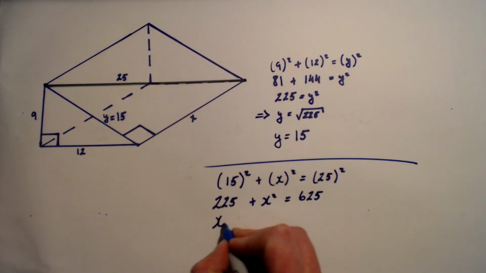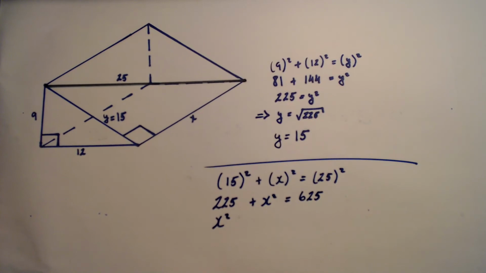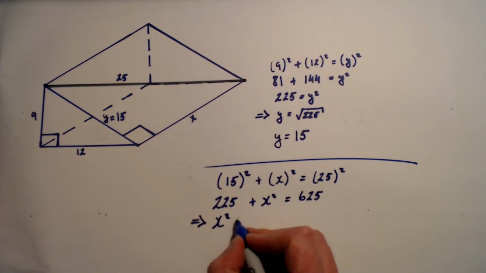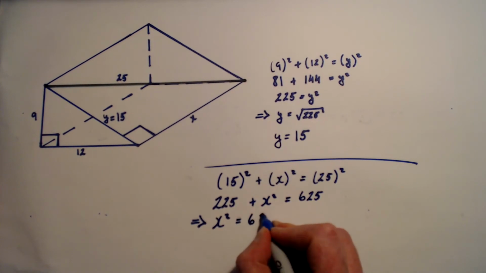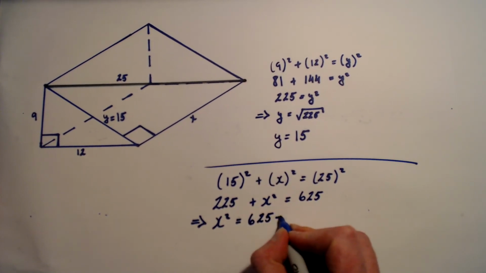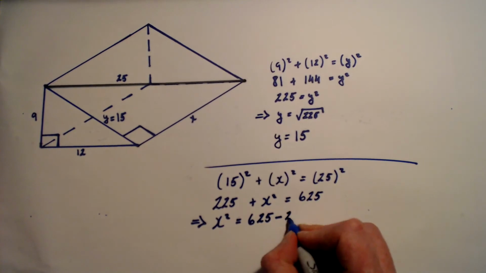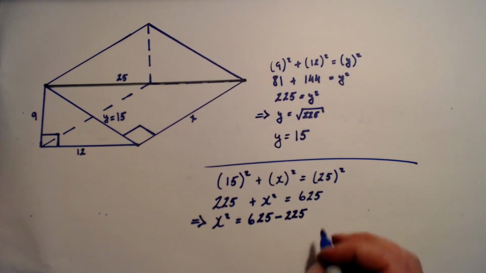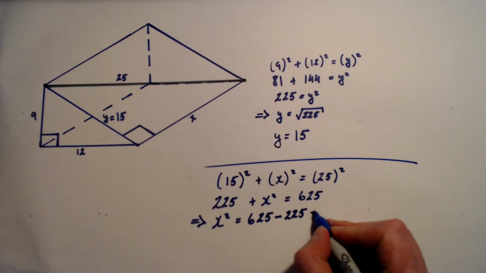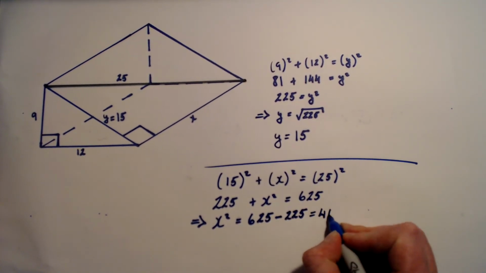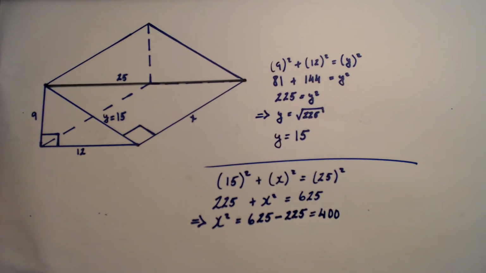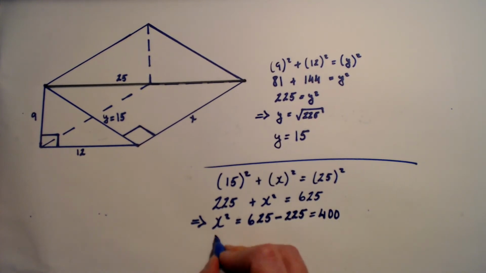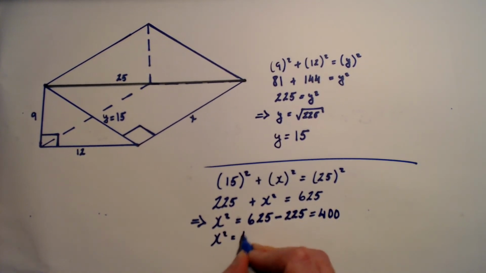Subtracting 225 from both sides, this equation will become x squared is equal to 625 minus 225. 625 minus 225, that's 400. And so I have a value of x squared equal to 400.